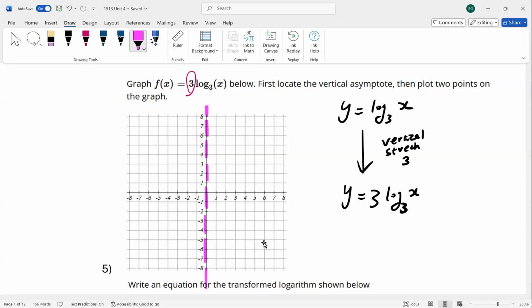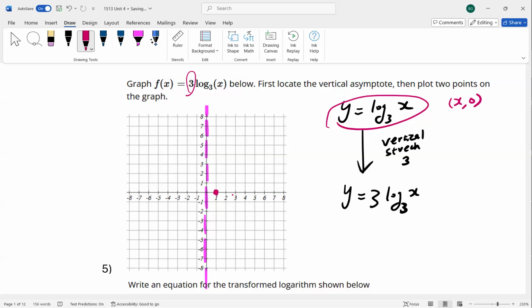It's actually, hold on. When x equals 1, it's still 0. For this mother function, when x equals 1, y is 0, right?